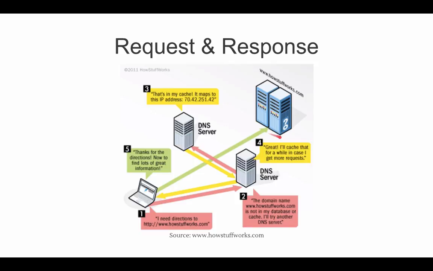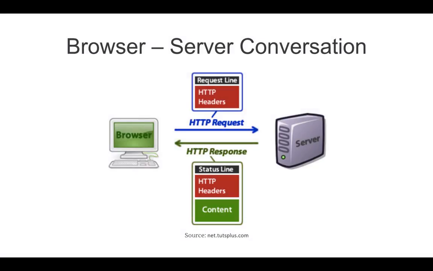So these servers here are holding the web pages. When our browser connects to this web server, it starts a conversation back and forth between our computer and a remote computer on the internet. This conversation is made up of two parts, a request and a response. So the request is our browser requesting the home page, and the way it does that is it sends a set of HTTP headers.